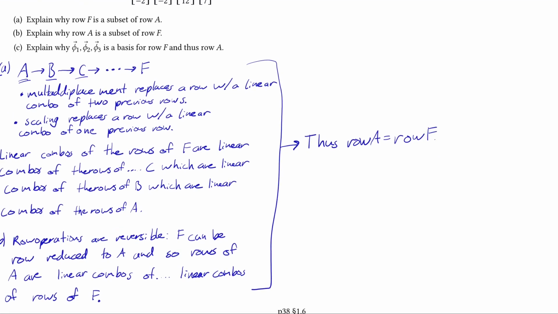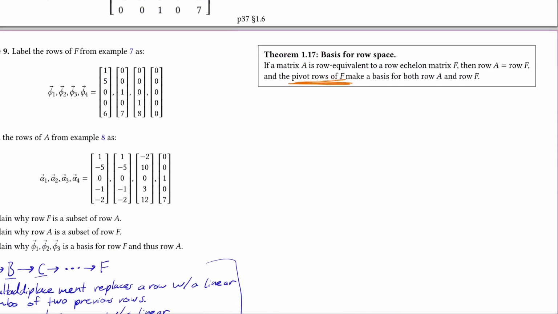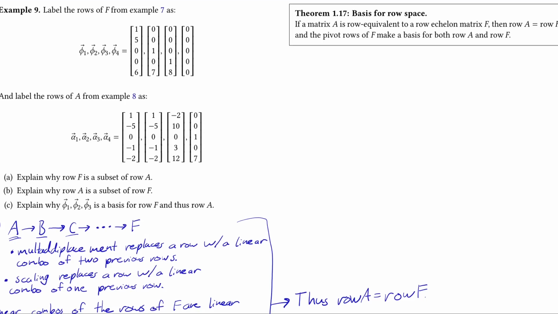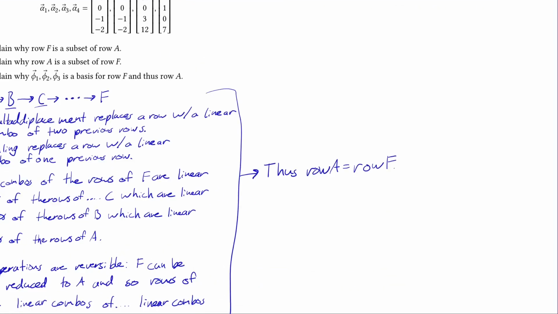But let's look at what C says. C is basically saying prove the rest of the theorem. We already got row of A equals row of F, and we want to show that the pivot rows of F make a basis for that row space. Looking at the rows of F here, a non-pivot row is by necessity the zero vector, which is always a linear combination of everything else, and you can always throw out the zero vector.